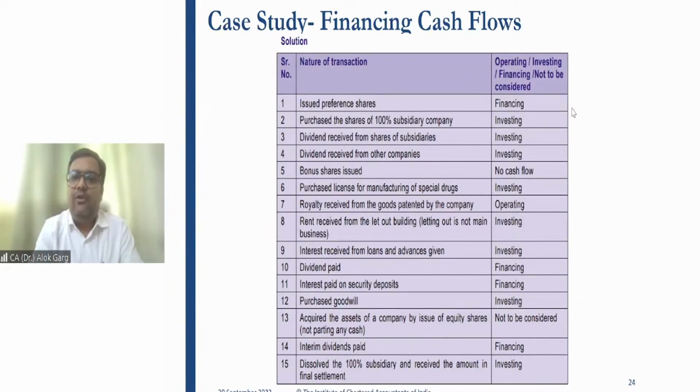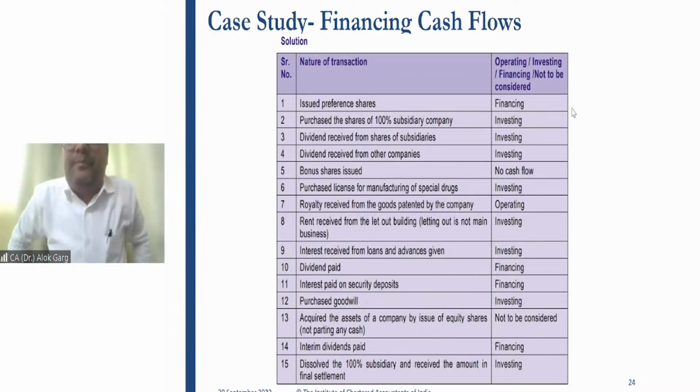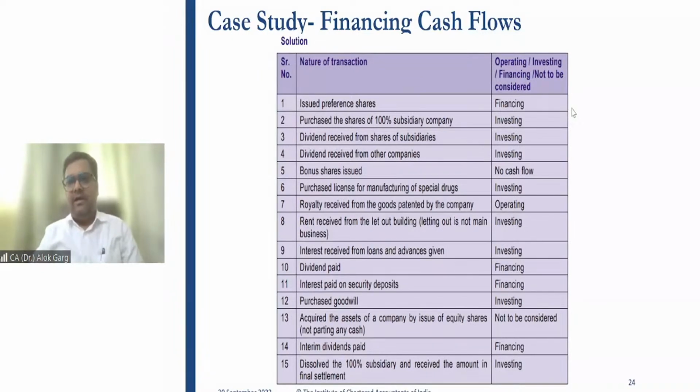Sir, how can we get to know that company has the business of patent? So, Tanisha, normally the company does not have a business of the patent. For example, OnePlus is a company issuing OnePlus phones.